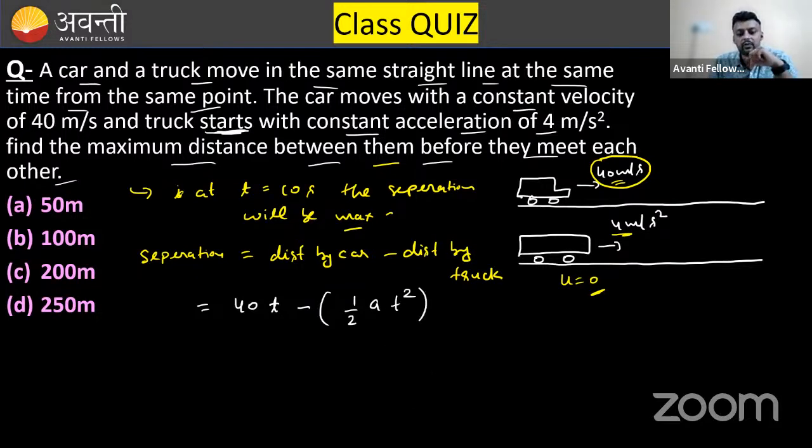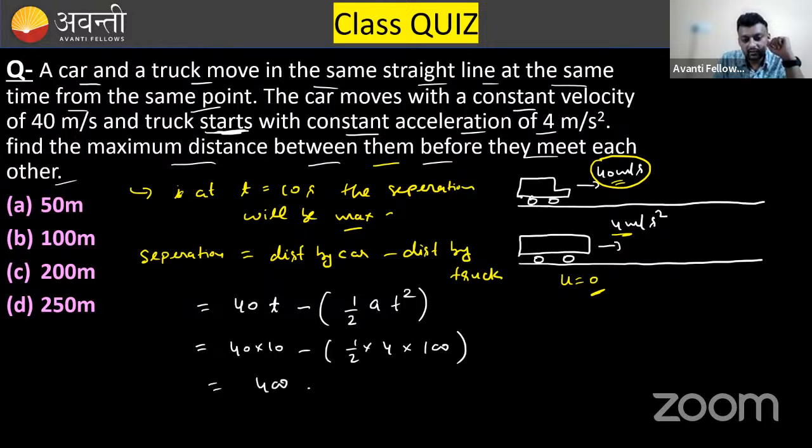Now put the values. Time is 10. That is 40 into 10 minus half into acceleration 4 into 10 square, which is 100. So that is 400 minus 200. The distance is 200 meter, which is again option C.